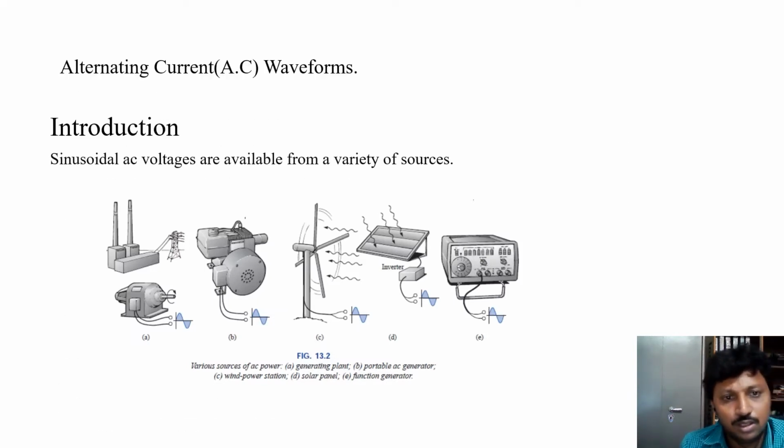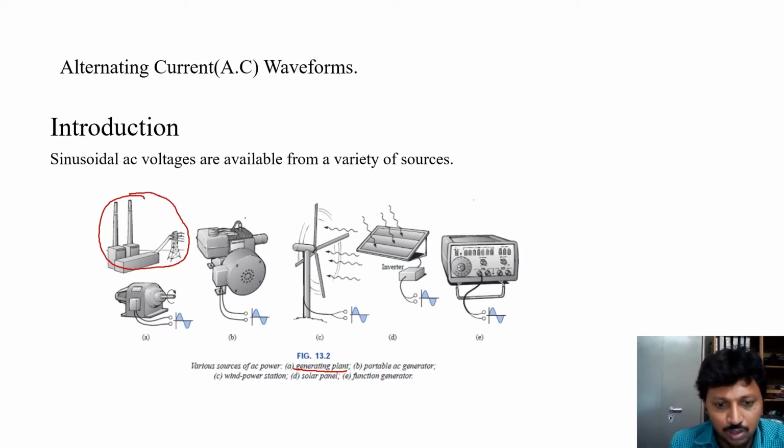So here, alternating current waveforms. We see the introduction. Sinusoidal AC voltages are available from a variety of sources. The first one is the generating plant, where you see alternating currents.